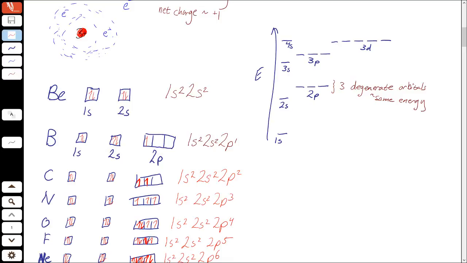So you can tell how many electrons are going to be in the p orbitals just by the position on the periodic table. Fluorine is 1 from the end, so it has all but 1 electron in its p block. That's going to be the case for all of the rest of those atoms in that column.